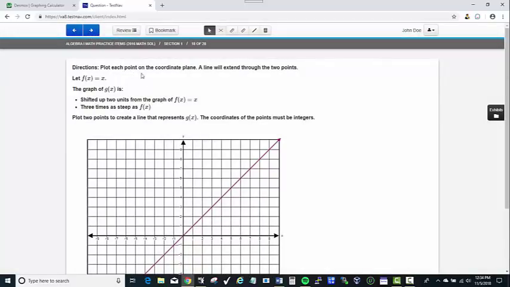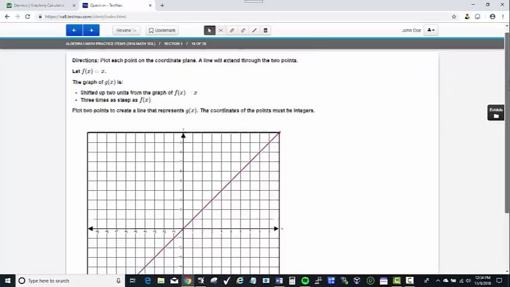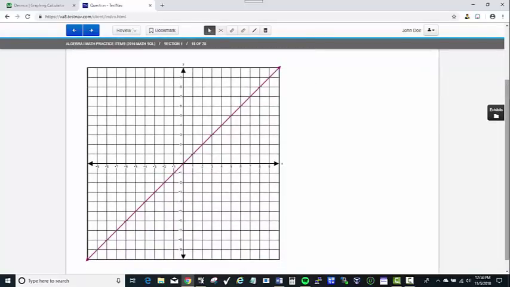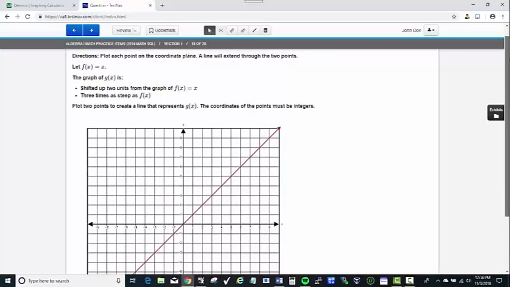Directions: plot each point on the coordinate plane. A line will extend through the 2 points. Let f of x equal x. We're seeing this graph a lot here. F of x is straight through here. All right, let's see. The graph of g of x is shifted up 2 units from f of x and 3 times as steep. So if it's shifted up 2 units, that would be x plus 2.